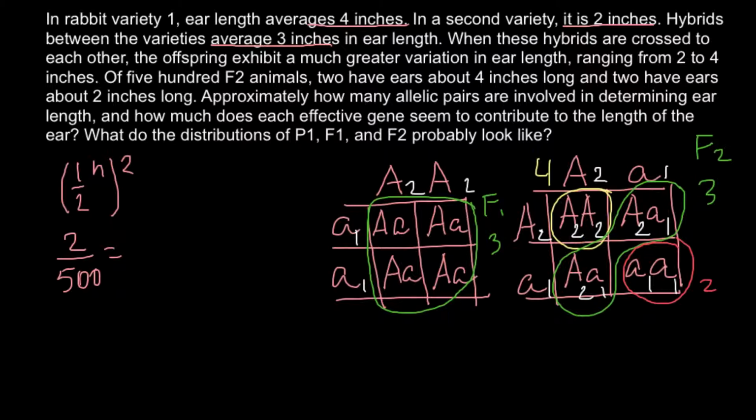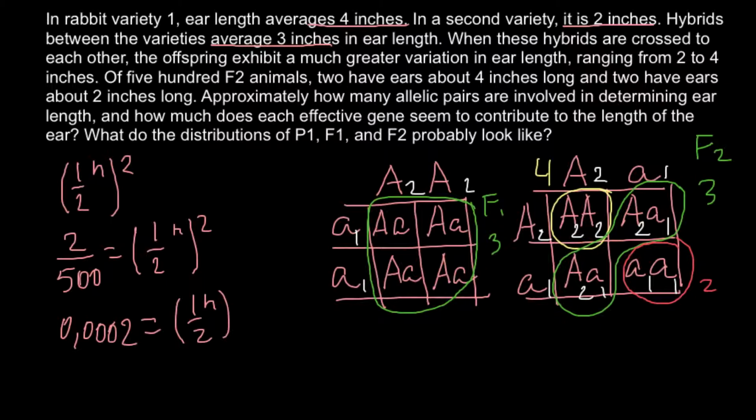So we just take any one extreme phenotype and divide by 500, and this is going to be equal to (1/2)^n squared. If we divide 2 by 500, we are going to get 0.0002, that is going to equal (1/2)^n squared.